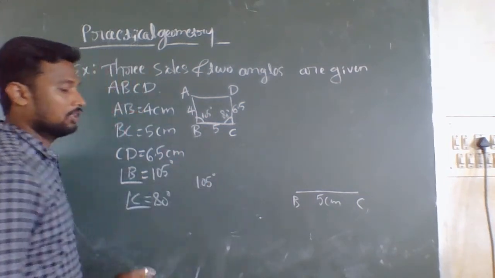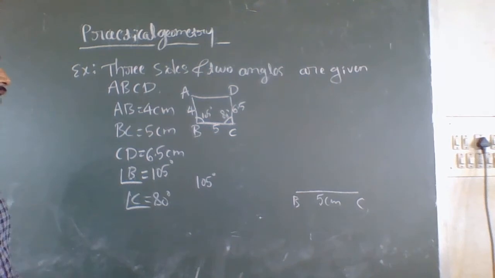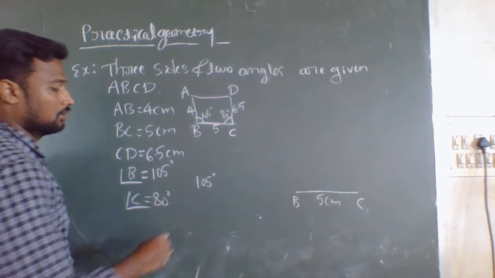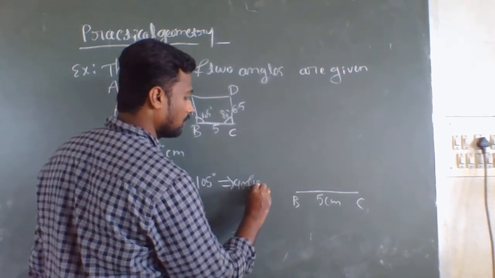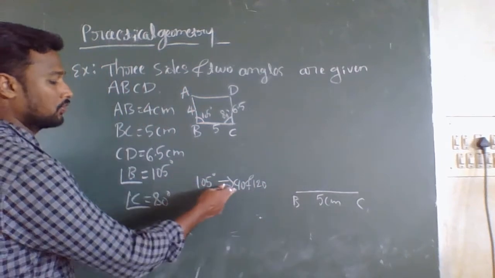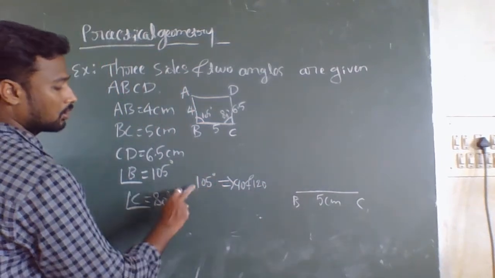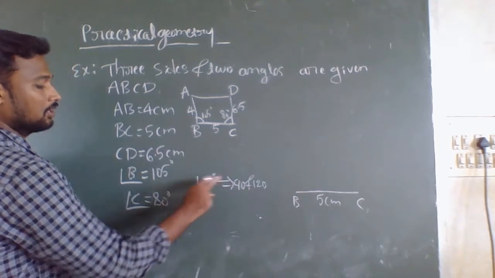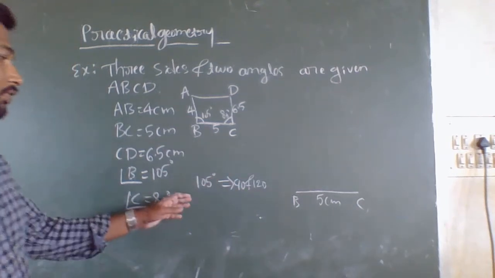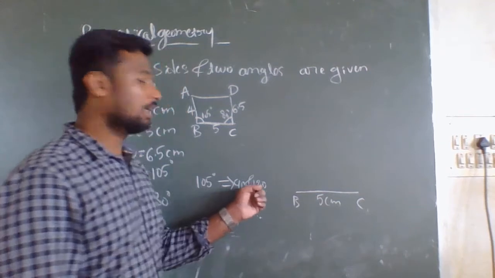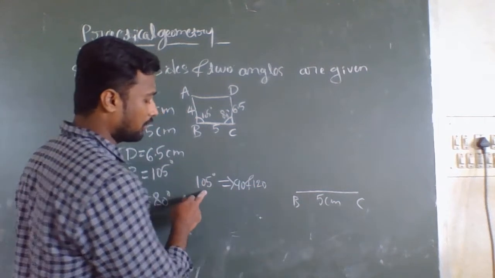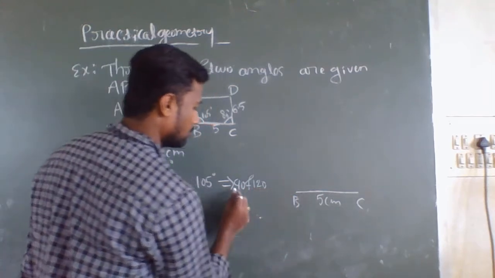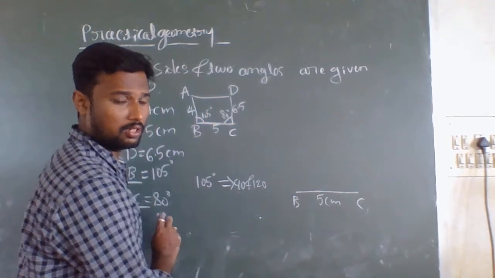We have to construct this 105 degree by using compass. 105 is between 90 and 120, because it is 15 more than 90 and 15 less than 120.